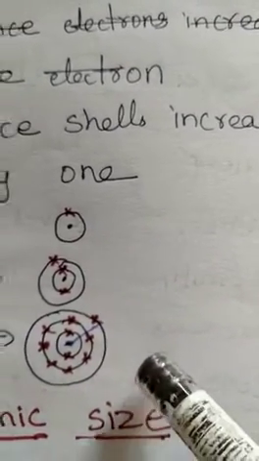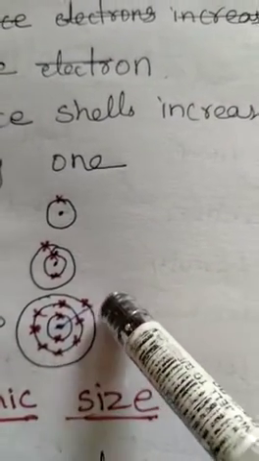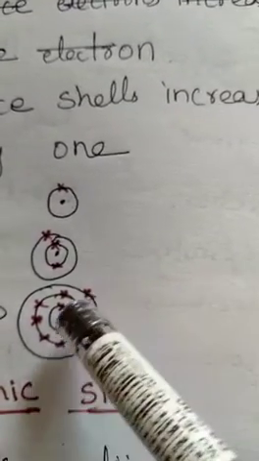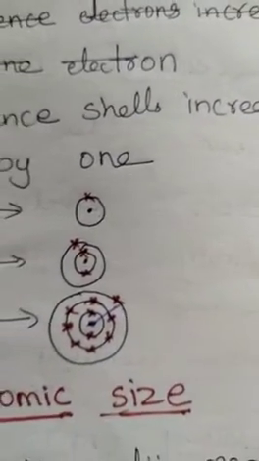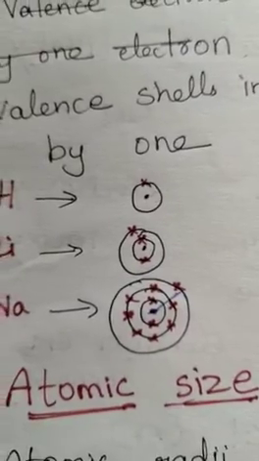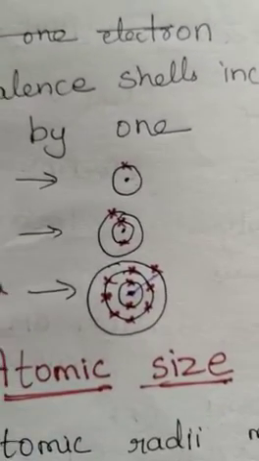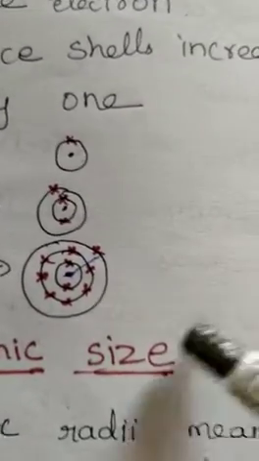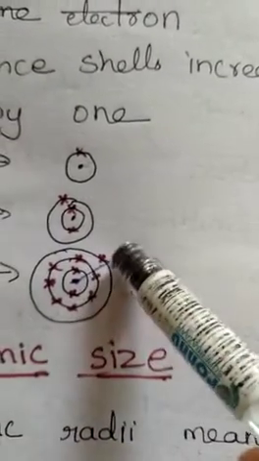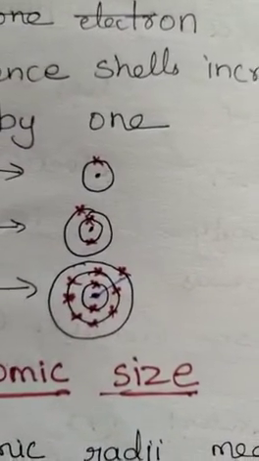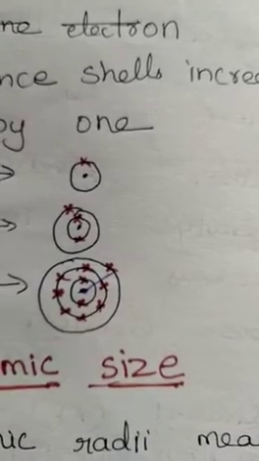So the most loosely held electron is easy to remove. If the electron is far from the nucleus, we need only less energy to remove the electron.